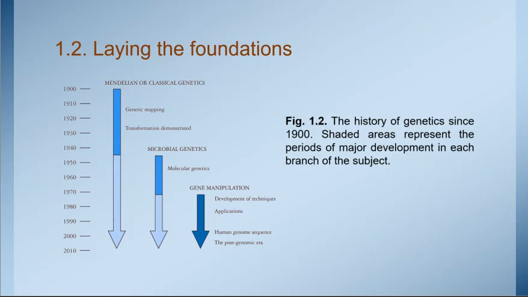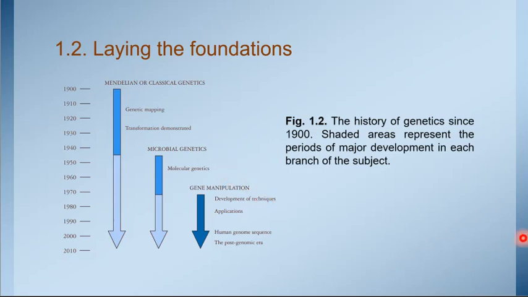We can consider the development of genetics as falling into three main eras. Figure 1.2 is describing three eras for genetic engineering. This is the history of genetics science for genetic engineering scientists.